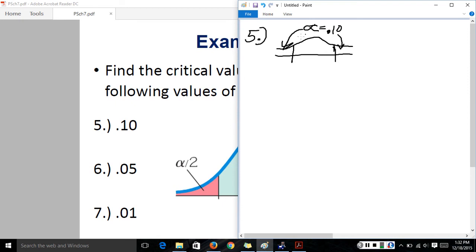All right, well, if alpha's 10%, then 90% is in the middle because the total of the whole area under the curve is 1. Well, this also means that half of alpha, or alpha over 2, would be 5%, or 0.05. That's how much is in each tail.